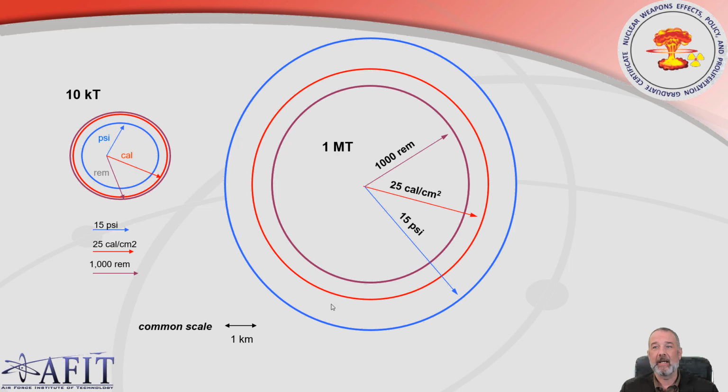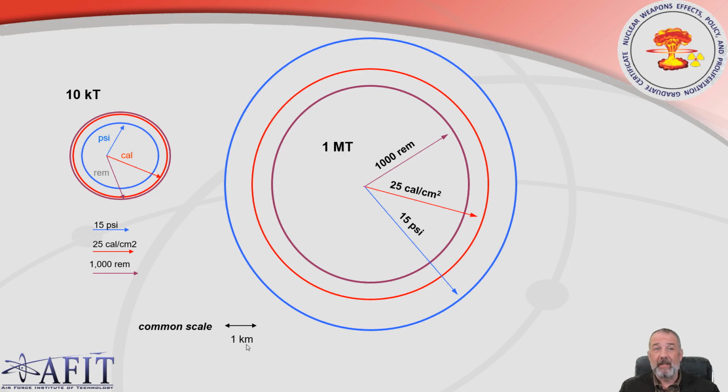So for 10 kilotons, we see that significant damage from overpressure, about 15 psi, extends a kilometer and maybe a kilometer and a half. I can use this handy dandy little scale here to guesstimate it. Your radiant exposure goes quite a bit further, so probably 2.2 to 2.25 kilometers.